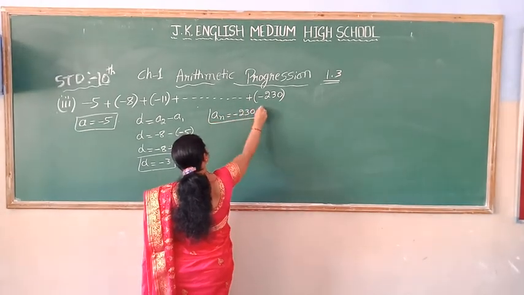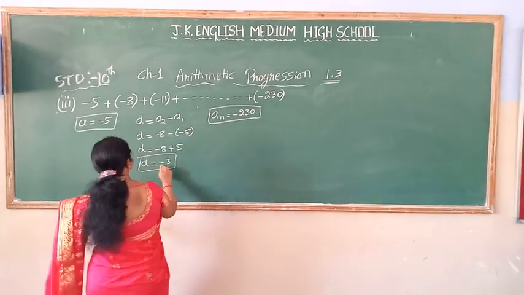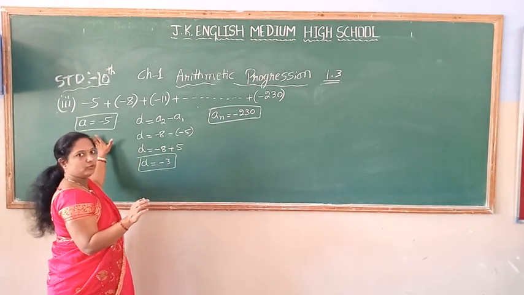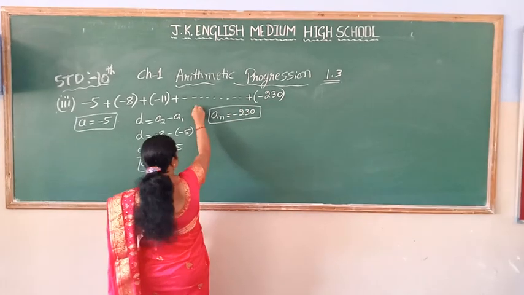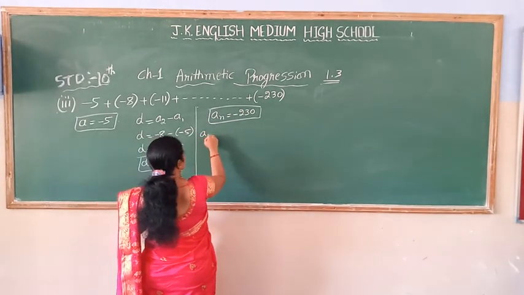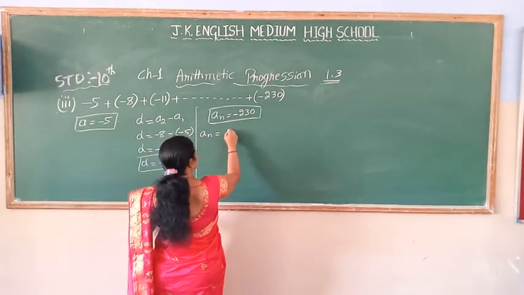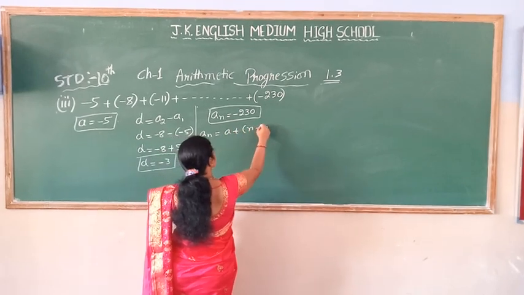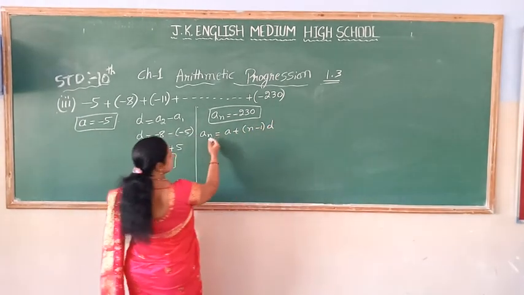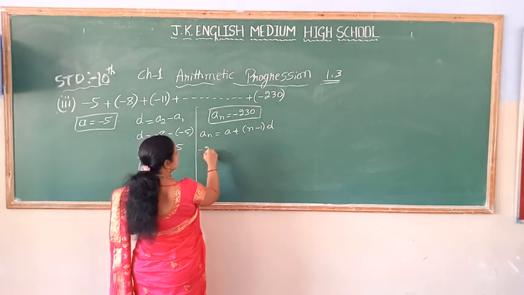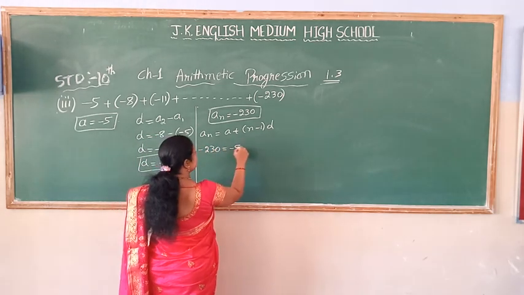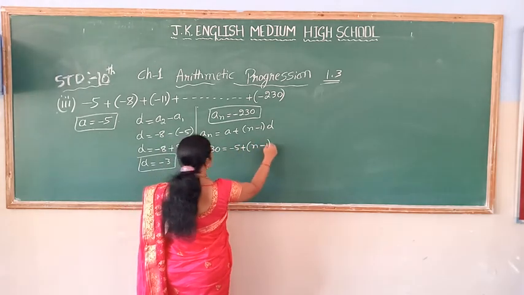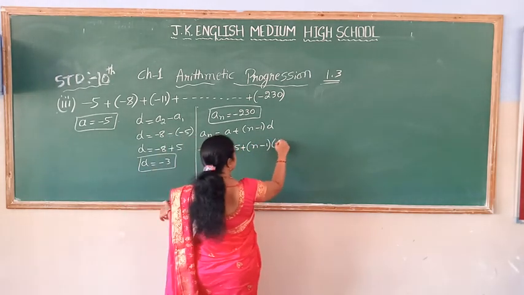When we know the last term, the D value and the A value, to find N I have to use the formula An is equal to A plus (N minus 1) into D. Then substitute the values. Minus 230, the A value is minus 5, the N value I don't know and have to find out, the D value is minus 3.